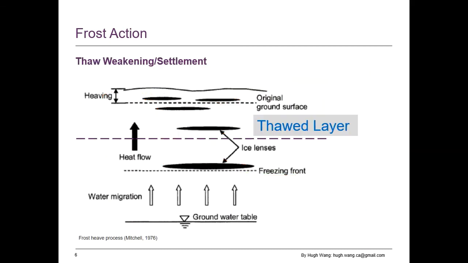When the temperature goes up at springtime, the upper portion of the frozen ground is thawed and becomes very soft or weak due to the excess water after the ice lenses melt.